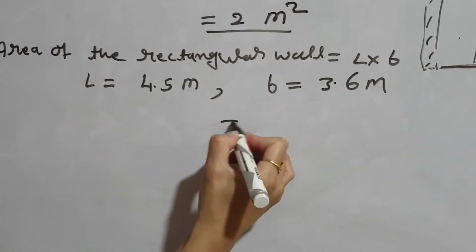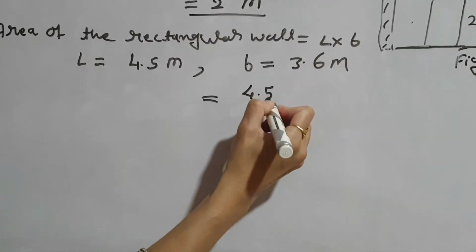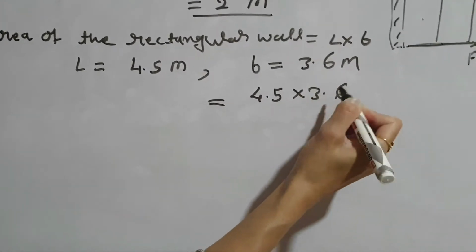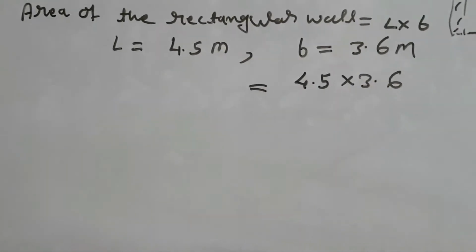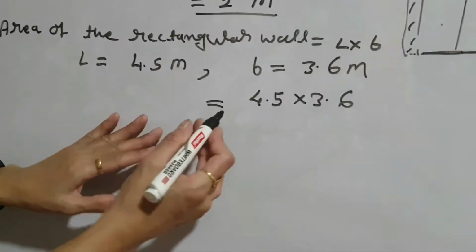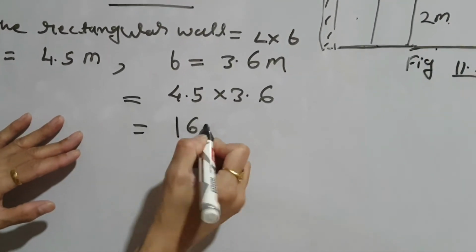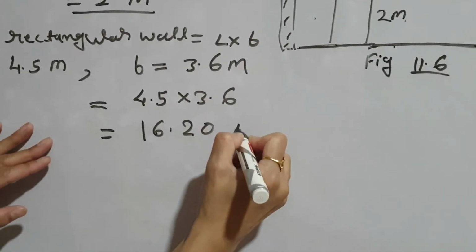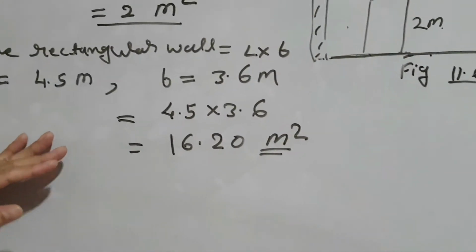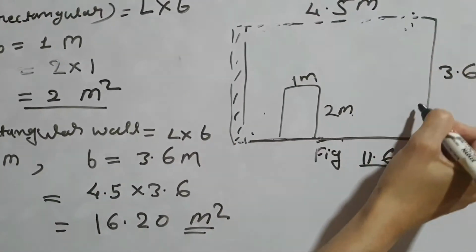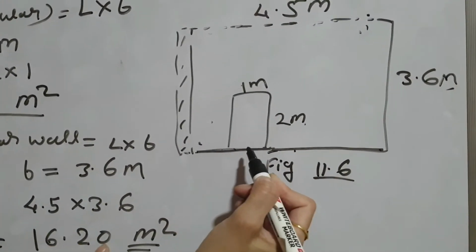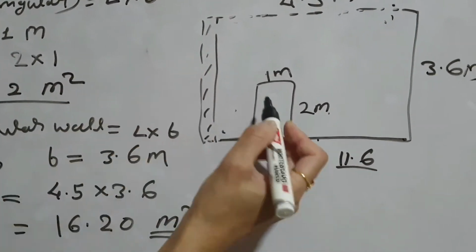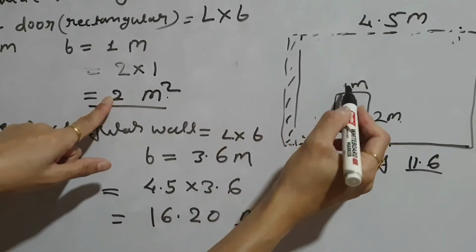Now put the value: 4.5 multiplied by 3.6. When you multiply this, you will get 16.20 square meter.